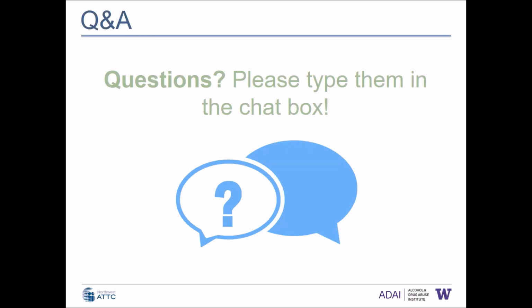Another question. What was the process of getting the teen checkup project cleared for use without parental consent? Yes, that's a great question. I don't know what state you're in, but Washington State kids can consent to their own mental health care treatment at 13 or above, and they can do that without parental consent.